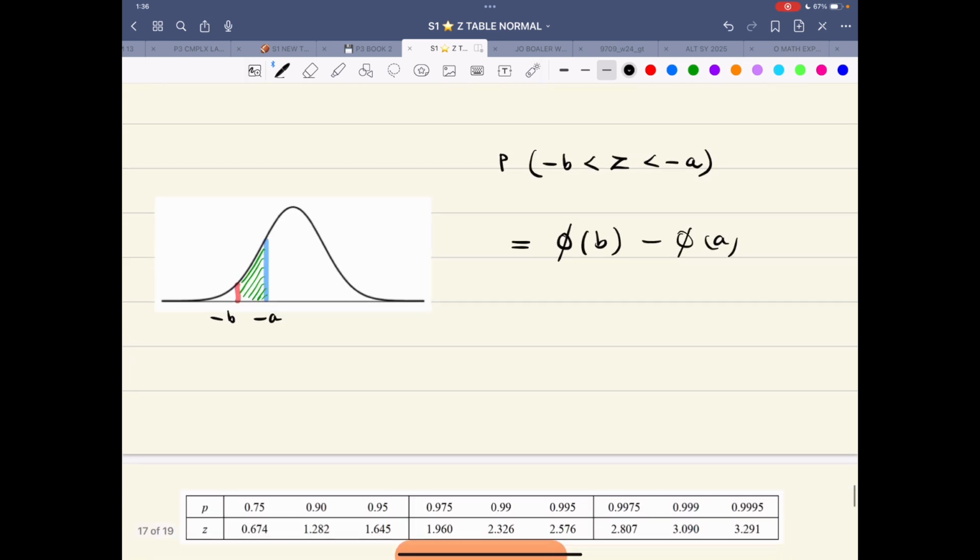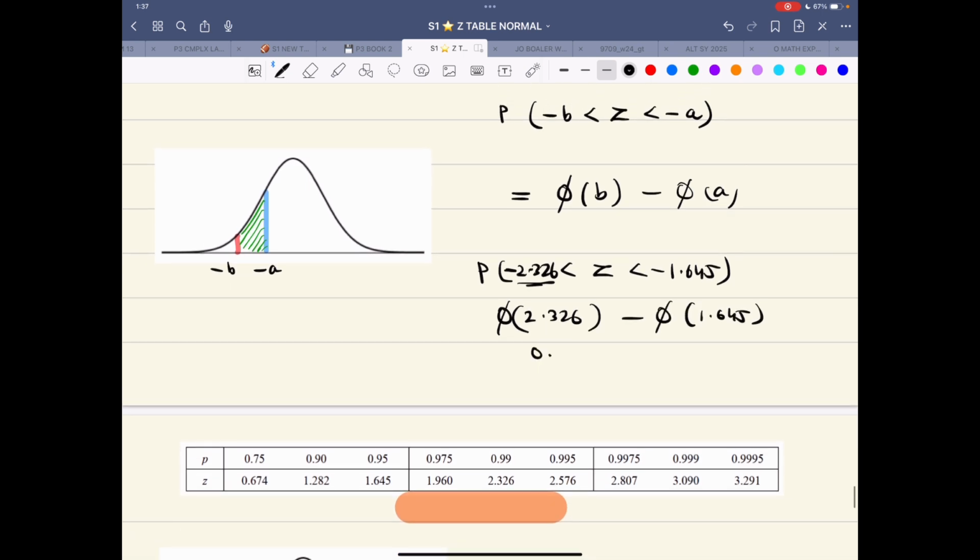So probability Z lies between negative 2.326 and negative 1.645. Once the negative sign is removed, which one is bigger? This is bigger. Phi of 2.326 minus phi of 1.645. This is 99%, 0.99, and this is 0.95. This comes out to be 0.04 or 4%.